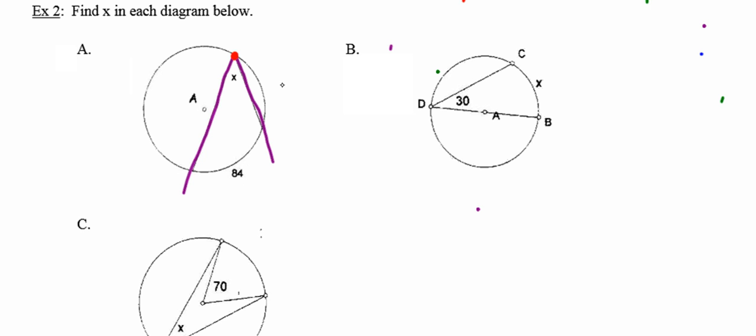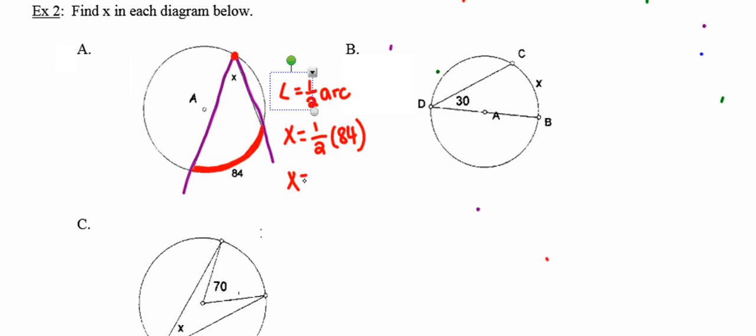So I know the measure of the angle is going to be equal to 1/2 the degree measure of the intercepted arc. Well, the measure of the intercepted arc is going to be the arc, or the part of the circle, that exists between the two purple sides of the angle. So the degree measure of angle x is going to be 1/2 of the 84 degrees, or in other words, 42 degrees.